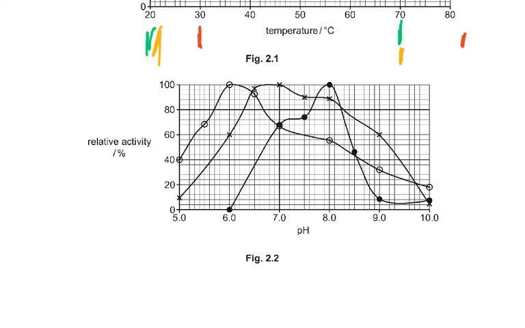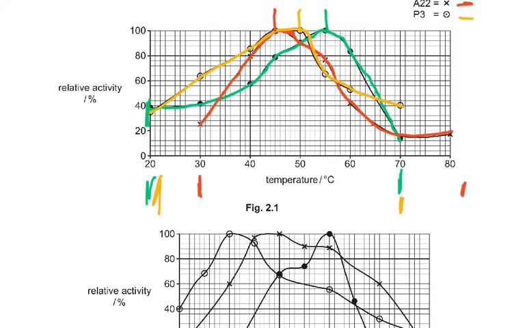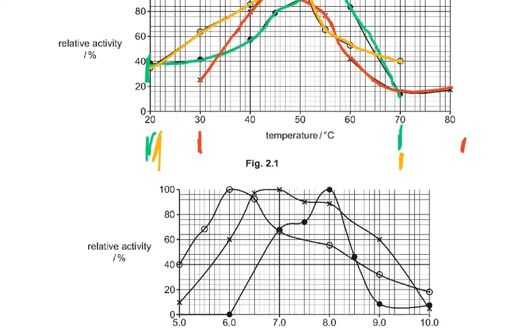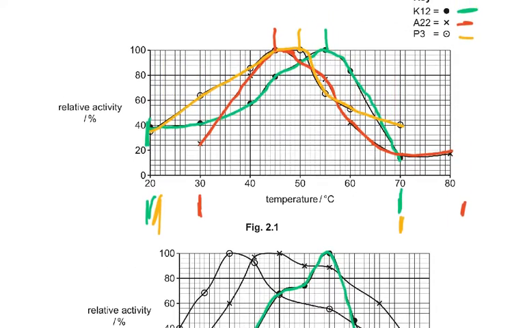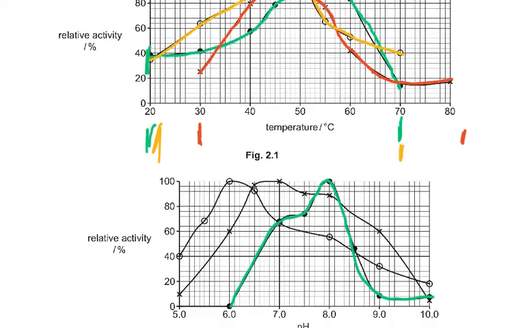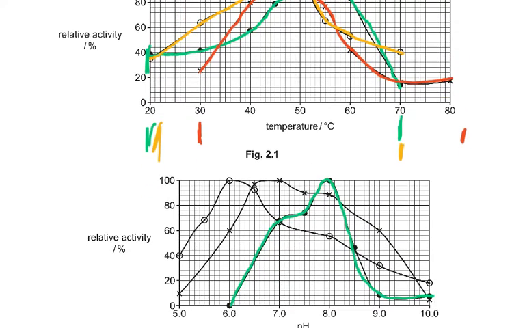And then we have the pH. So we have the pH on the x-axis. And let's look at it now here again. So we have K12. Let's look at K12. K12 works like this. Then we have A22, which is the x's.